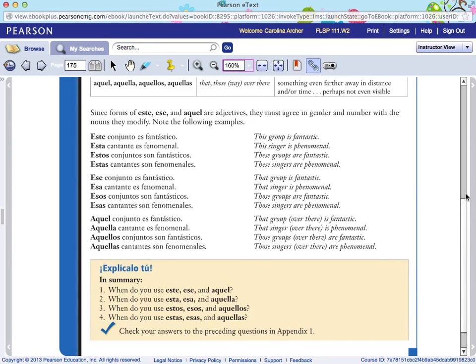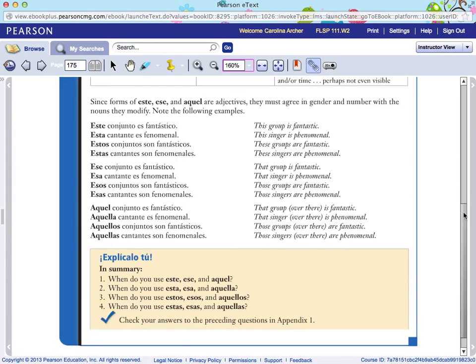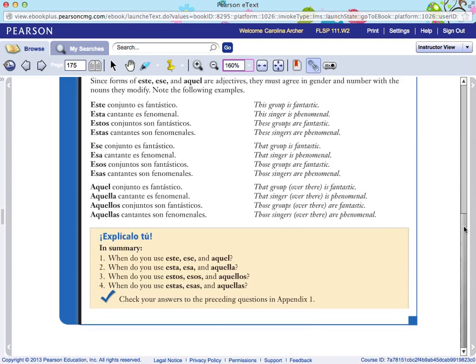Okay? Now we go a little farther away. We use ese conjunto, that group over there. That group is fantastic. Esa cantante, esos conjuntos, esas cantantes. And that group over there, even farther away, aquel conjunto es fantástico, aquella cantante es fenomenal, aquellos conjuntos son fantásticos, aquellas cantantes son fenomenales.